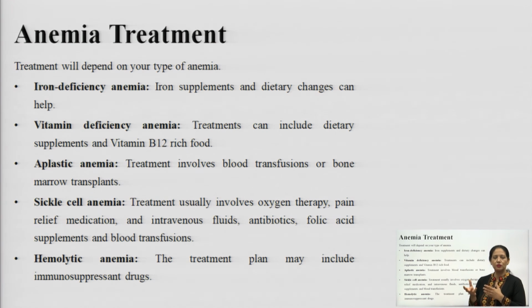So we assume that this is an autoimmune disorder, so we can give the immunosuppressant to treat hemolytic anemia. So these are the methods to treat the anemia according to the type, according to the symptoms.